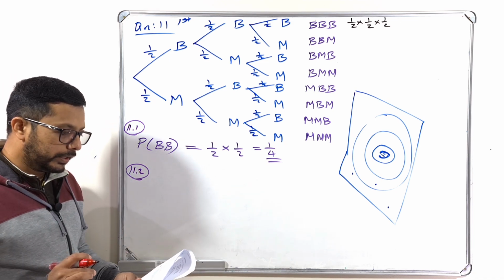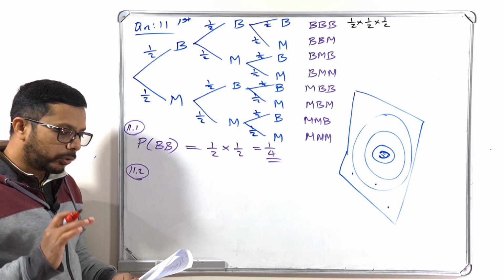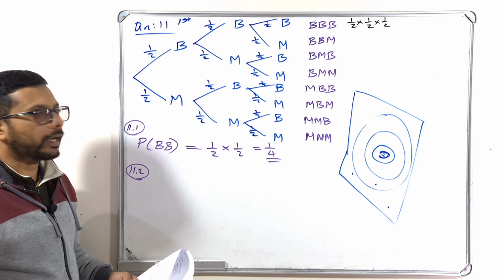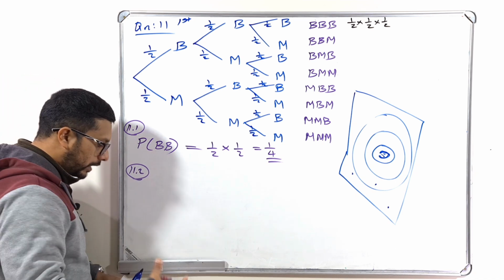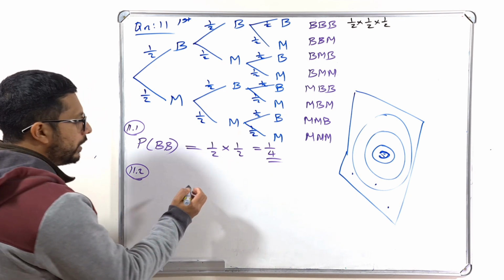Calculate the probability that Harry will hit the bullseye at least twice in his first 3 shots. At least twice. What is the meaning of at least?